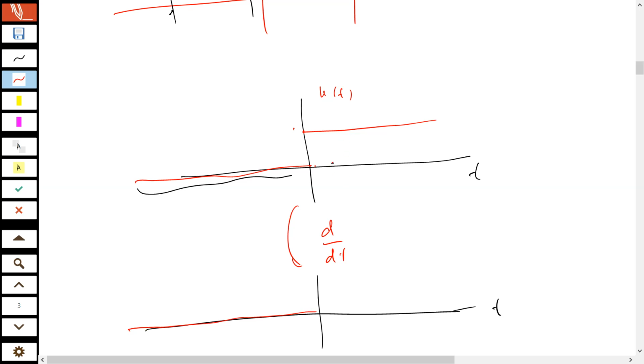What is the derivative in this region? It is also 0. What is the derivative in this region? Manu, tell me. Infinite. Yeah.